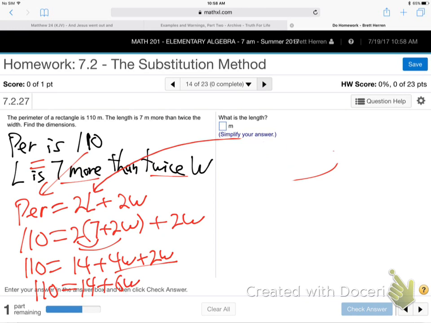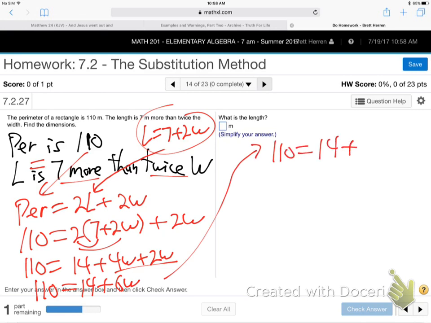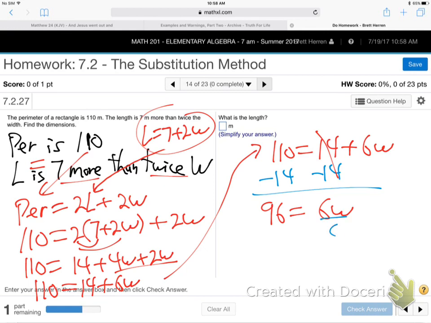I'll bring it over here. Subtract the 14. And divide by the 6. All right, width is 16.